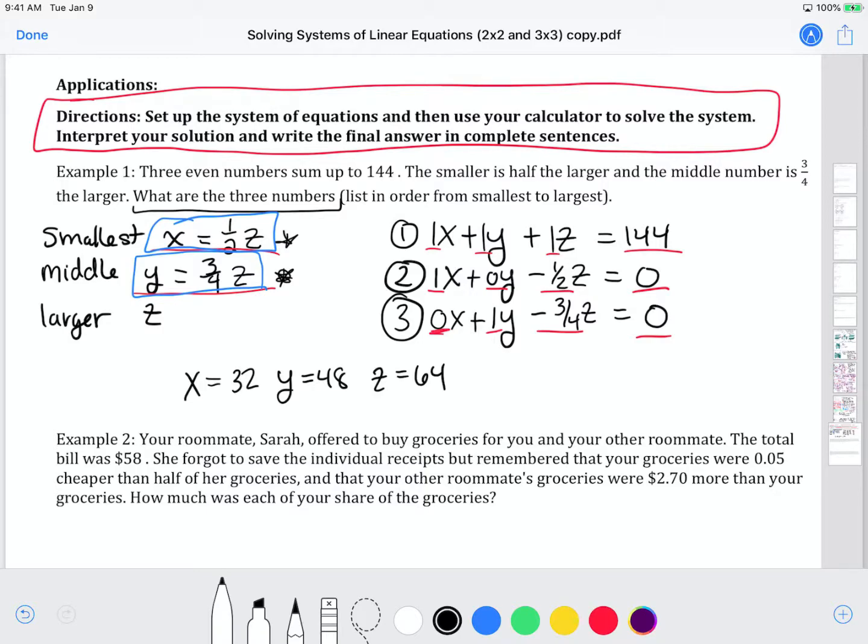So your final answer, written in a complete sentence, might be: the three numbers are 32, 48, 64.